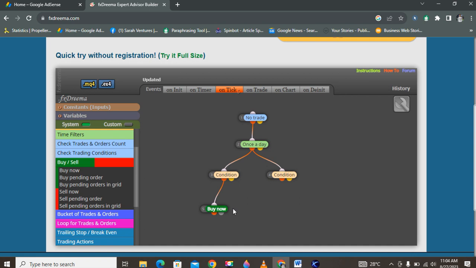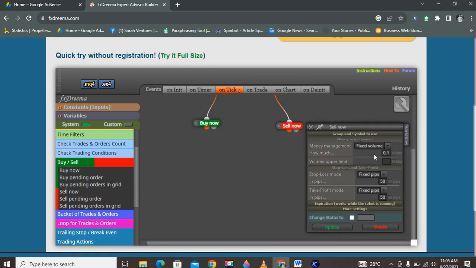Good. Now our sell order. Click on it, and we're going to do the same thing. Our sell order lot size is 0.4, our stop loss will be set at 20 pips, be it buy or sell.